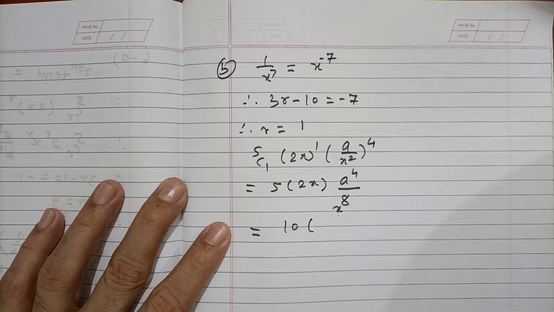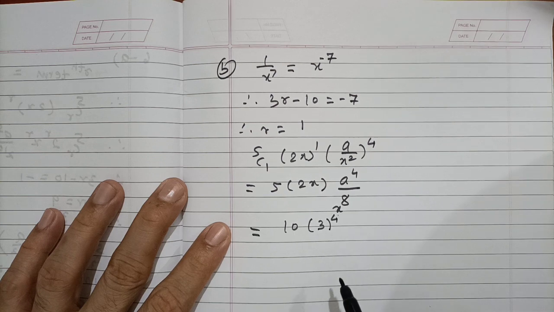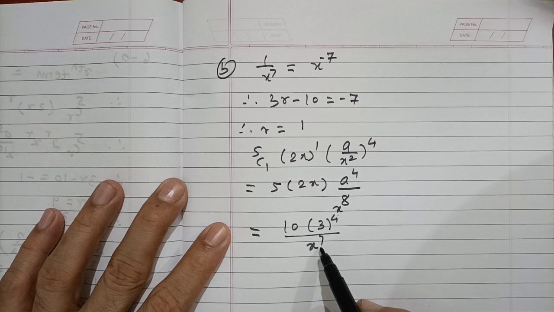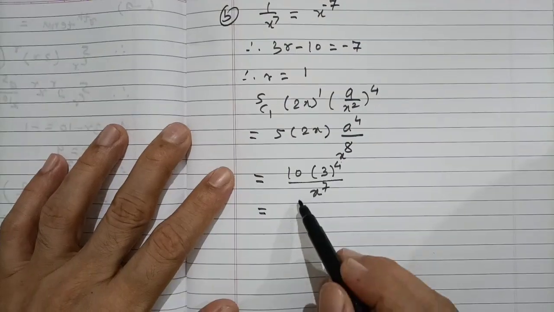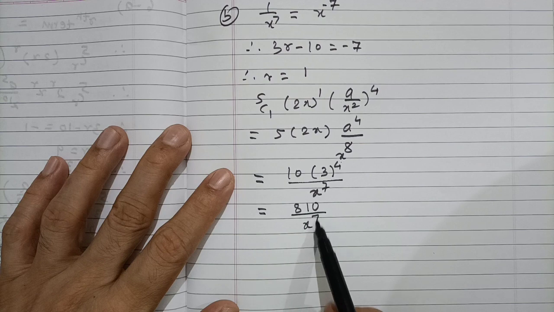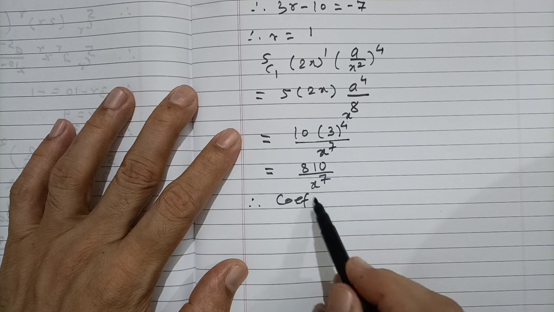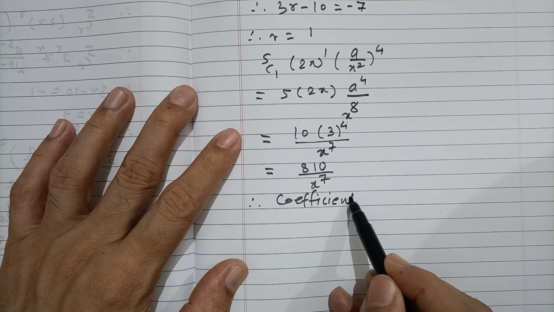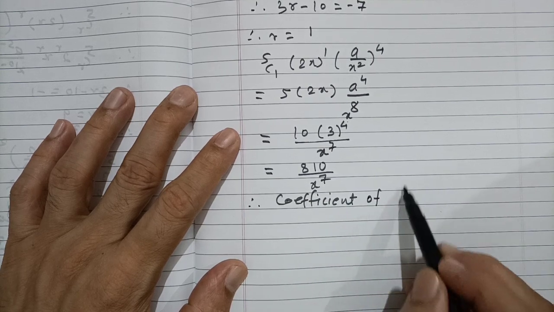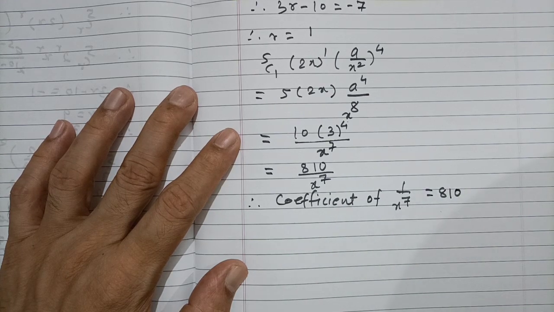Value of a is already calculated in A part, this is 3 to the power 4 divided by x to the power 7, which is equal to 810 divided by x to the power 7. Therefore the coefficient of 1 by x to the power 7 is equal to 810.